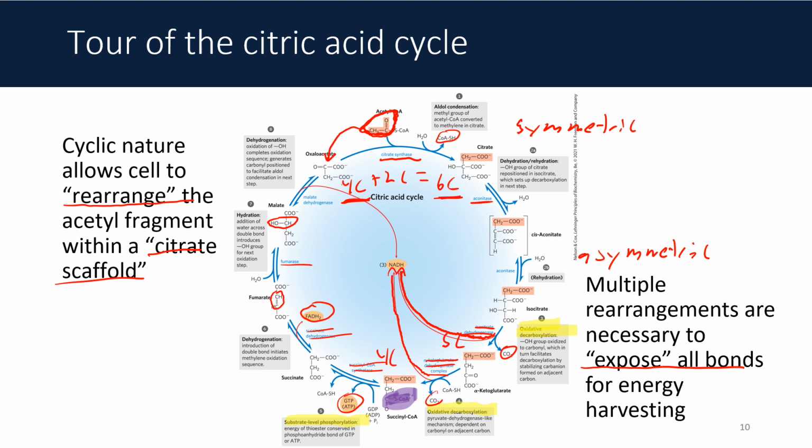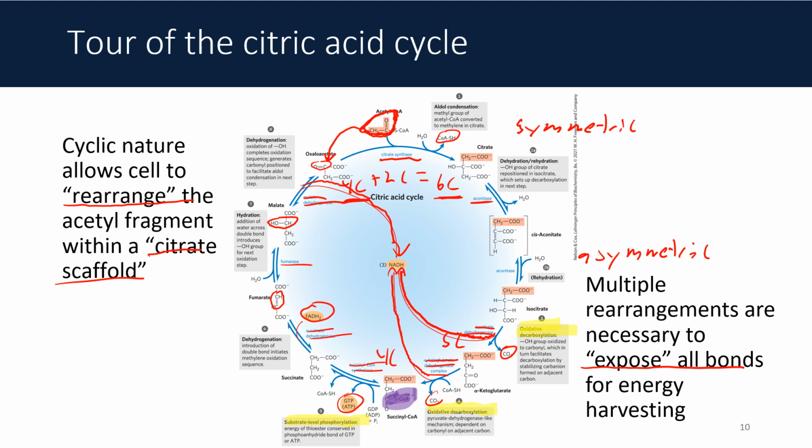And so with our next step, malate dehydrogenase, hey, a dehydrogenase, we're going to oxidize that alcohol into a ketone, which is going to generate our third and final NADH equivalent. And in the process, it's going to convert malate into oxaloacetate, which is where we initially began.